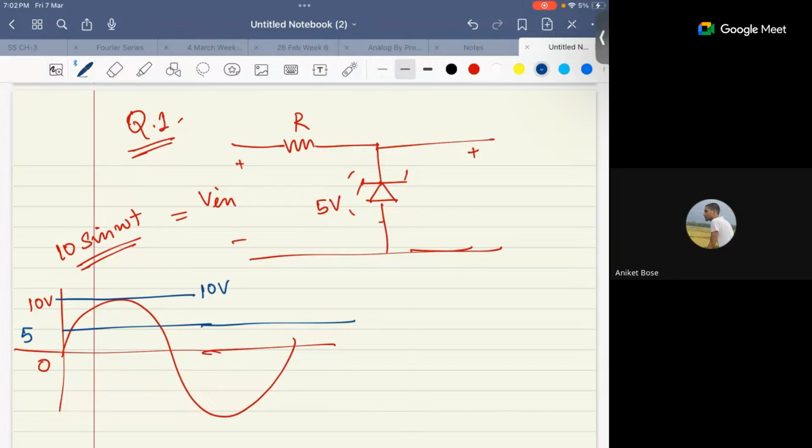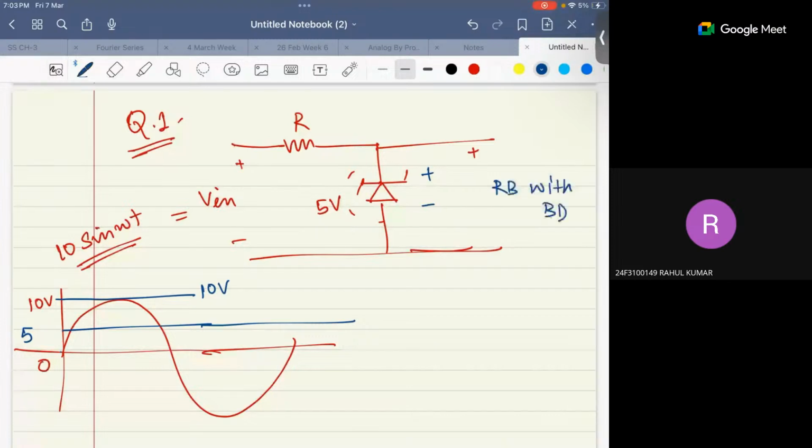First, tell me how this diode works in the positive half cycle from 0 to 5 volt. It will be in reverse bias. If the potential across the Zener diode crosses 5 volt, it works as reverse bias with breakdown.